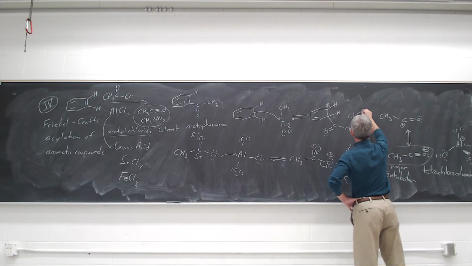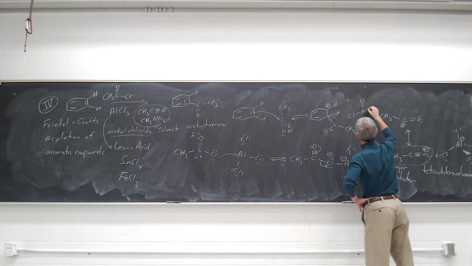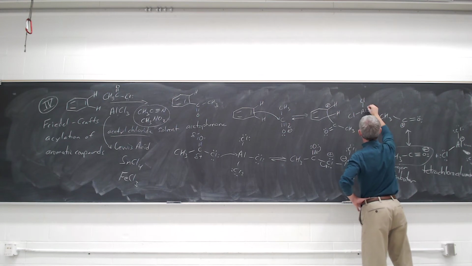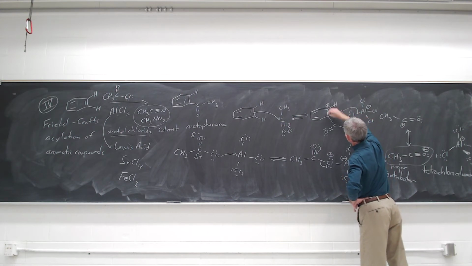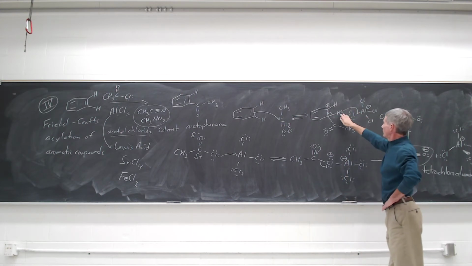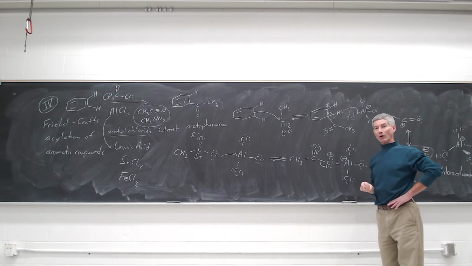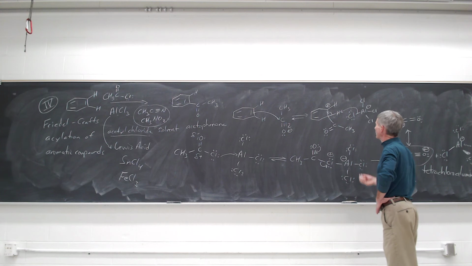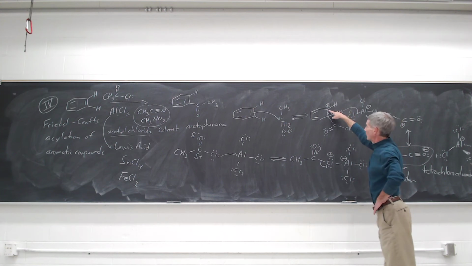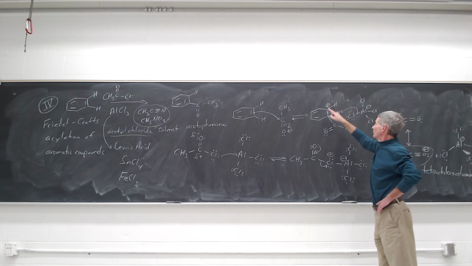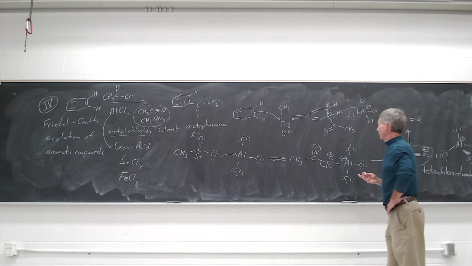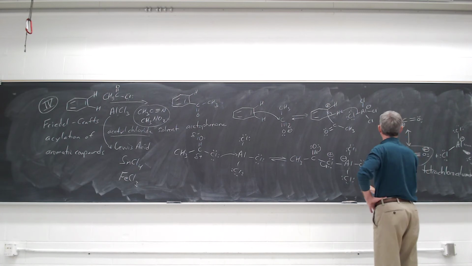The tetrachloroaluminate ion will do that by donating one of its chlorines. And it's very important that you always take off the hydrogen adjacent to the positive charge, which was true for E1 elimination last semester as well, and never the hydrogen that's on the carbon bearing the positive charge, which would generate a carbene, and is relatively uncommon.